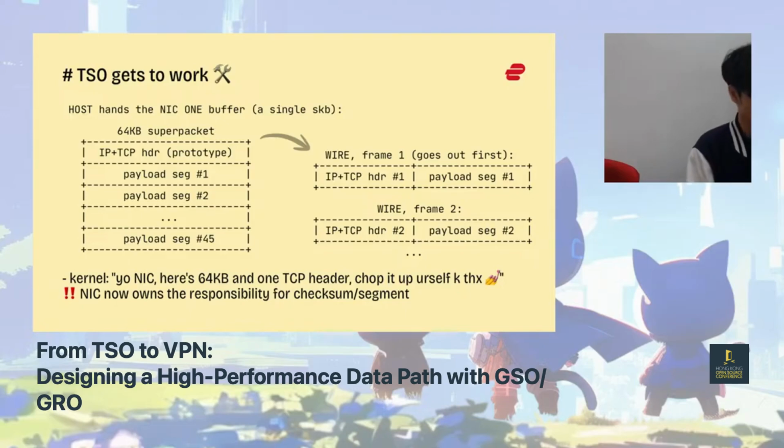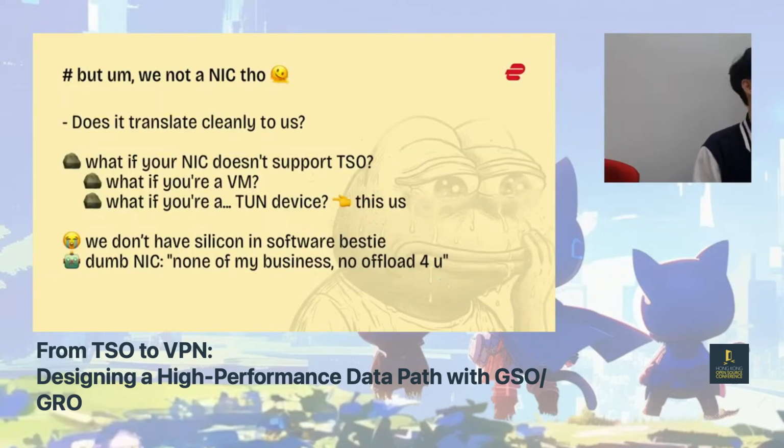By default, the hardware will do this. But wait, we are a software binary. We don't have silicon to do all this checksum offload or segmentation for us. We have to implement all that ourselves. So that doesn't really translate to us. We can't make use of this.